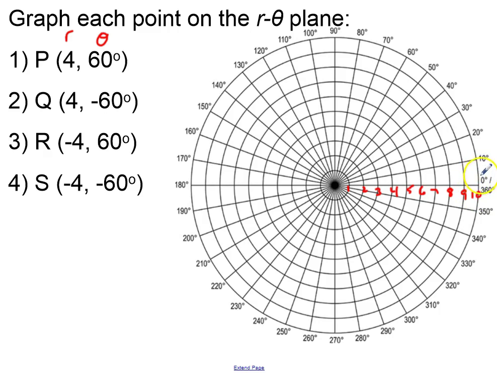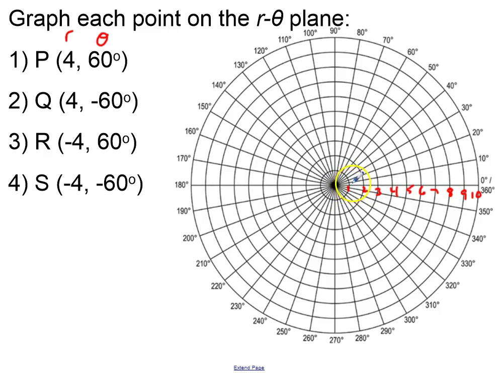The other thing you're going to want to do is make sure that all the angles are labeled. Some of the pieces of paper don't have all the 10 degrees labeled, but this one does. So we're going to plot a point of the form r theta. So that's how we state the point, just like xy, although we are going to typically plot the angle first.